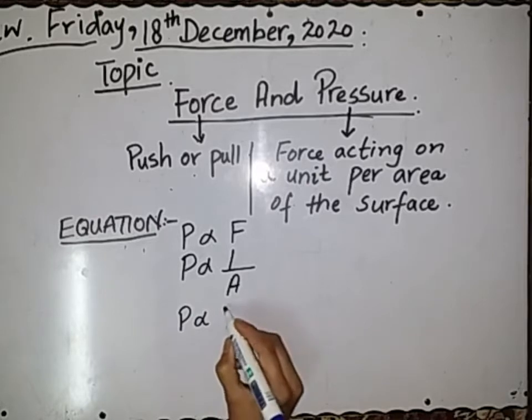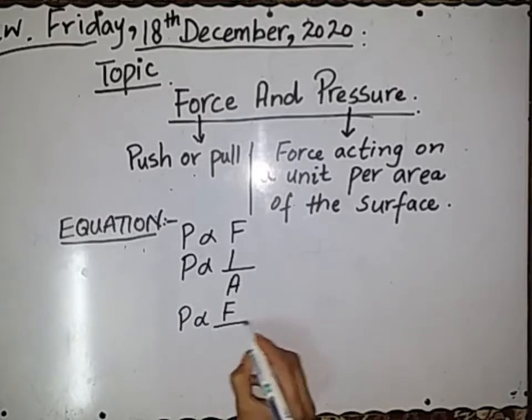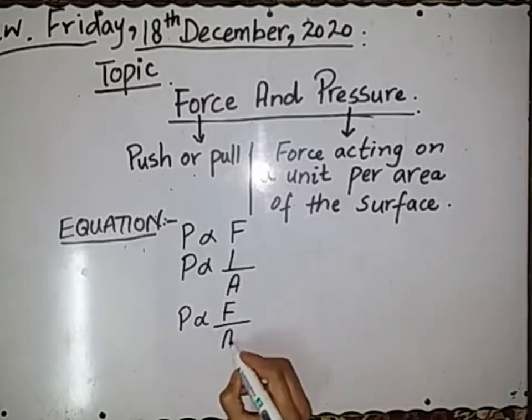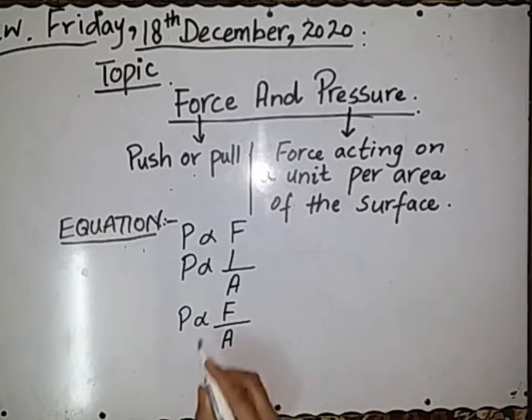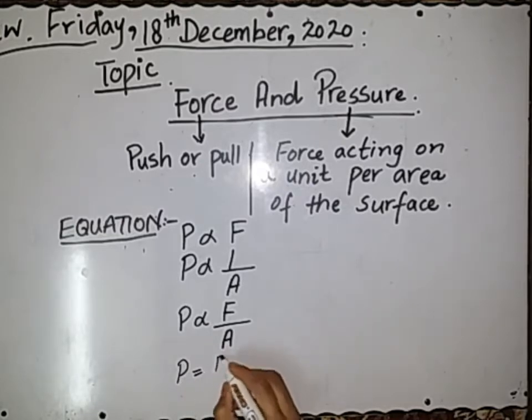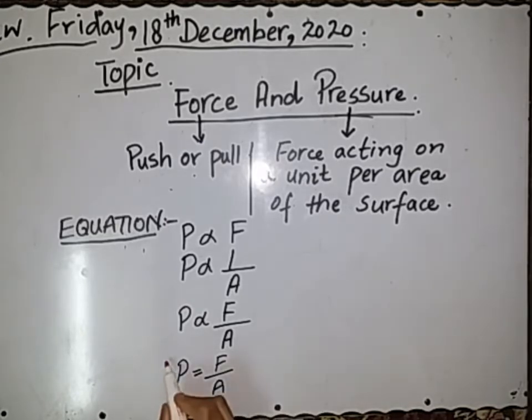Pressure is directly proportional to the force applied and inversely proportional to the area. So P is equal to F divided by A. This is the formula of pressure.